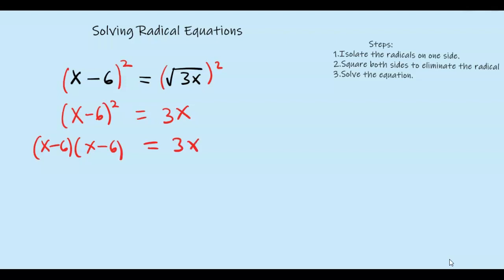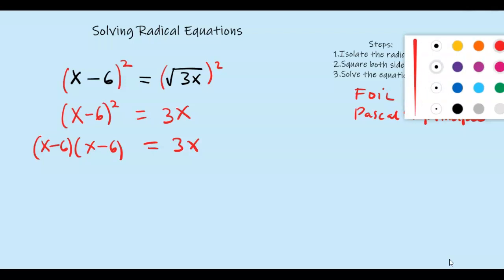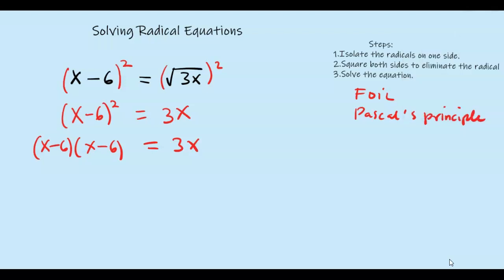We can use FOIL or Pascal's principle to expand this, and I have covered all of this in my videos. I have a video on that, so you can check it out. So here we multiply this, we get x squared. Multiply this, we get negative 6x. Multiply this, we get another negative 6x.